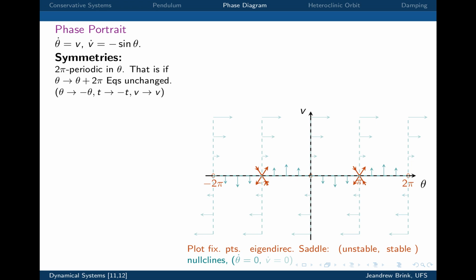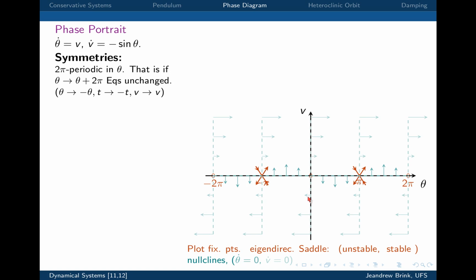The second one is this symmetry: if you change theta to minus theta, t to minus t, which basically reverses the arrows, and v to v, it's also going to be unchanged. That basically means that above and below the v equals 0 axis there's going to be a mirror image of each other, just with the arrows reversed.